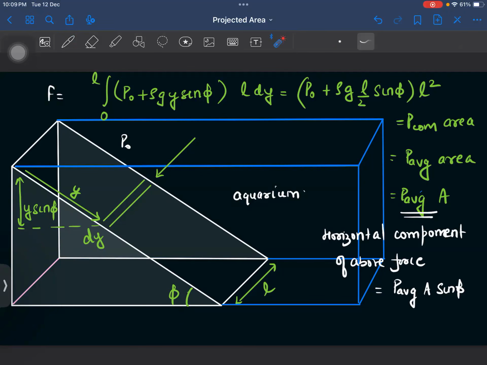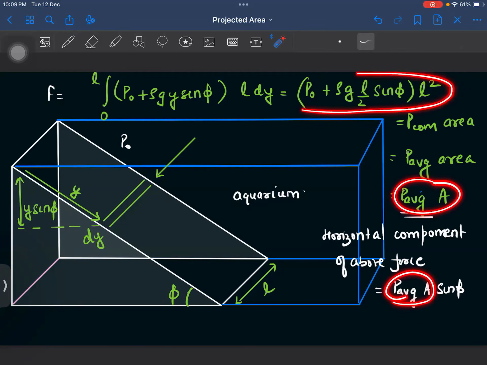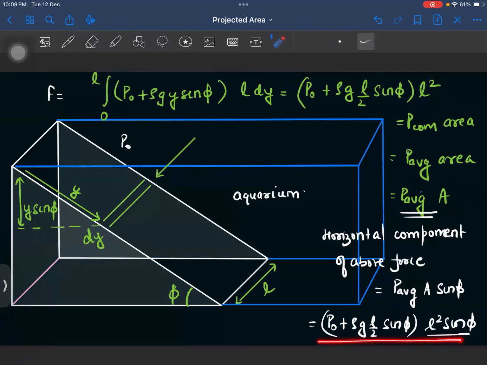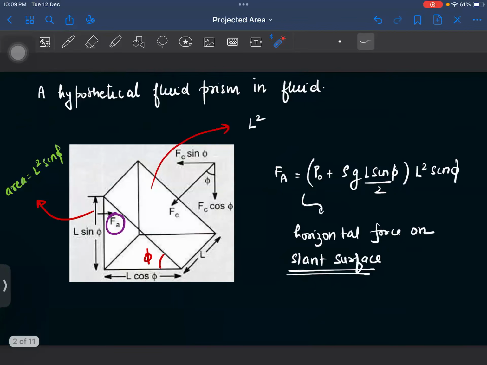And if we substitute the value of P average into area, that is this value, we get this to be equal to P naught plus rho g L by 2 sine phi into L square sine phi. So as you can see, this expression, and as we move backward, then this expression, both of these expressions are same.